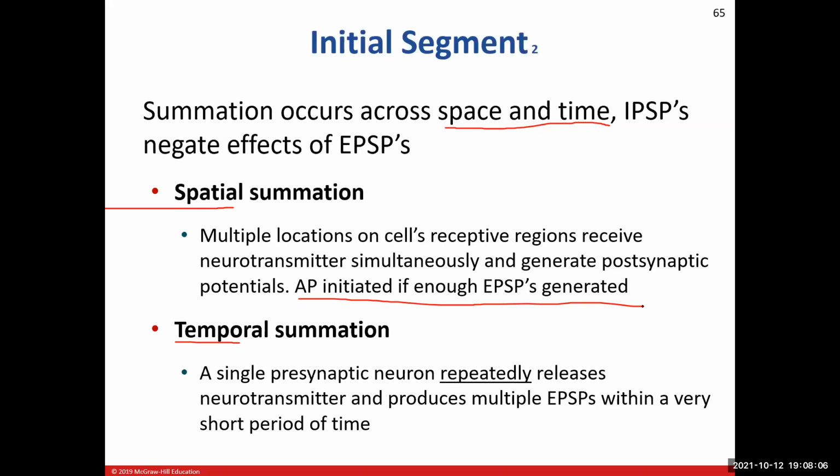Now, temporal summation, different story. That's over time. And that's when we're dealing with one single presynaptic neuron, but it just keeps going rapid fire, repeatedly releasing its neurotransmitter, and it will produce several EPSPs for a quick blast of time.